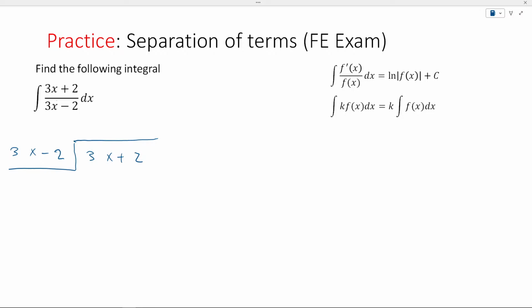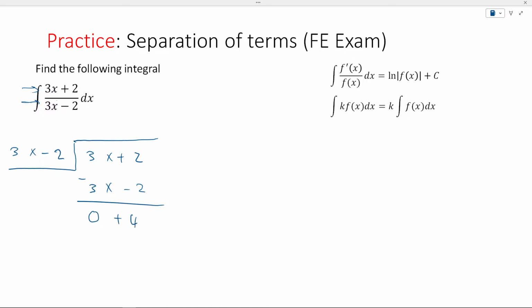if I just subtract this from this, I will get rid of this term. So that is basically this equation minus this equation. If I did this minus this, I'll get 0 here, and then I will get 2 minus negative 2, so that would be plus 4.